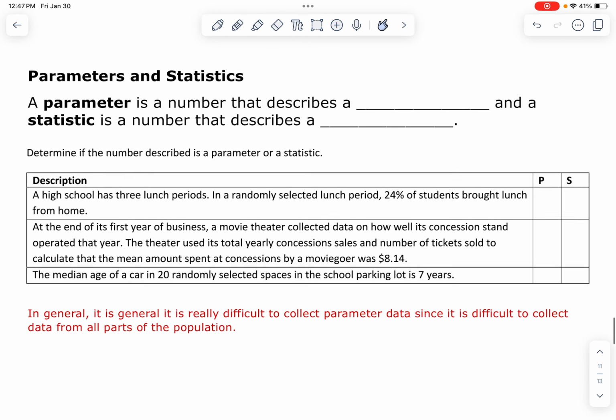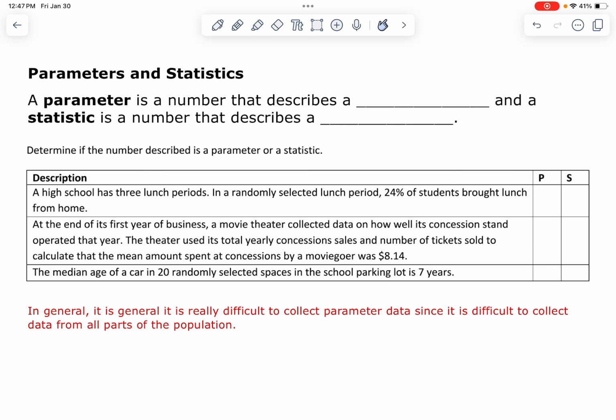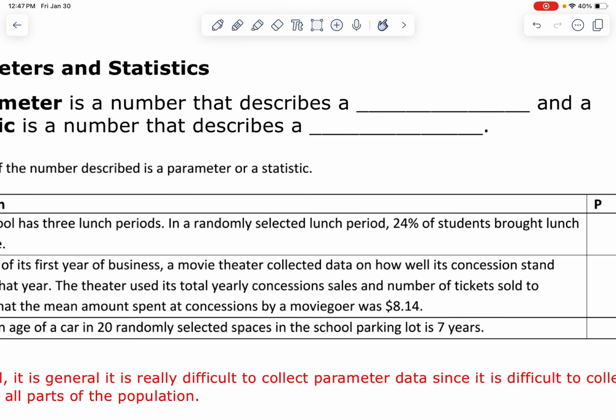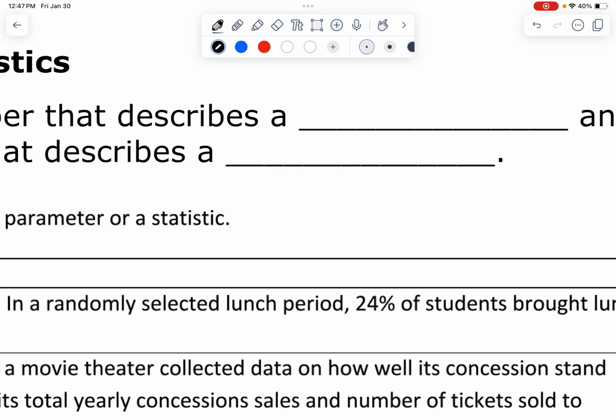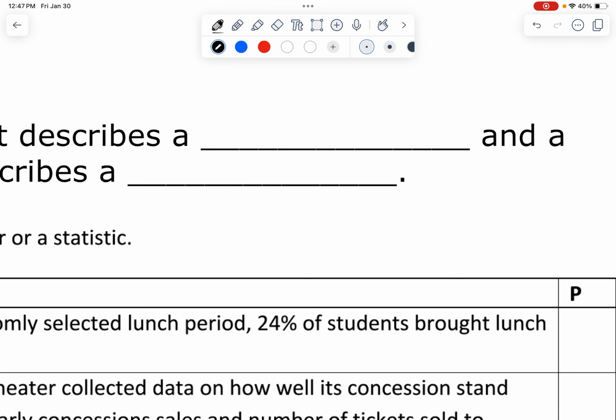Okay, so this is important because it ties in with parameters and statistics. A parameter is a number that describes a population. So let me write that in here, population, in a different color.